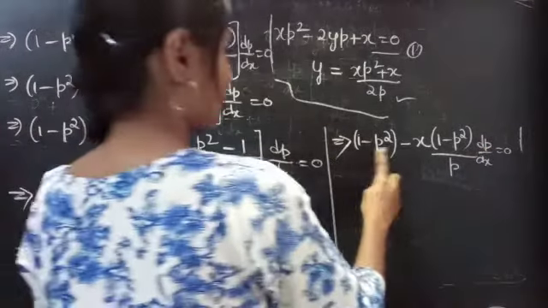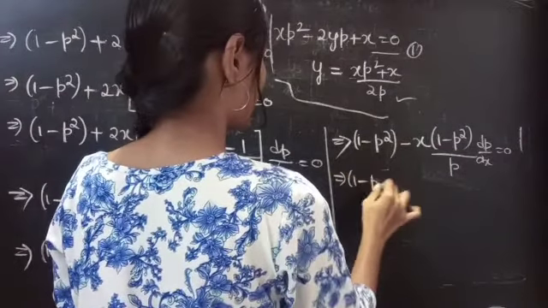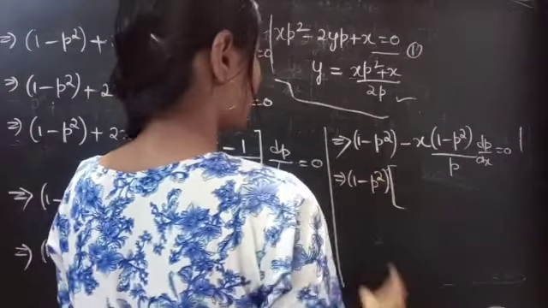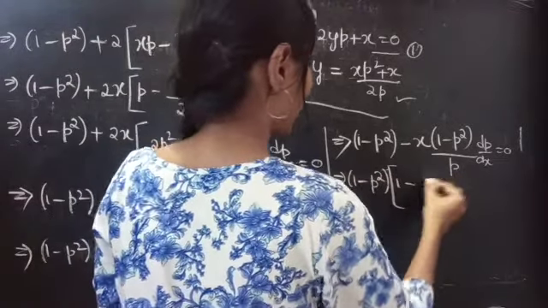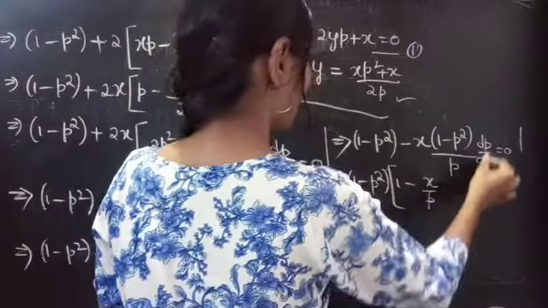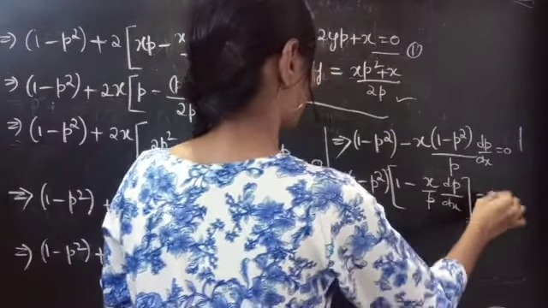Again, you're having 1 minus p square in both the terms. So let's take 1 minus p square common from these two terms. Then you'll get (1 minus p square) times (1 minus x by p into dp by dx) equals 0.